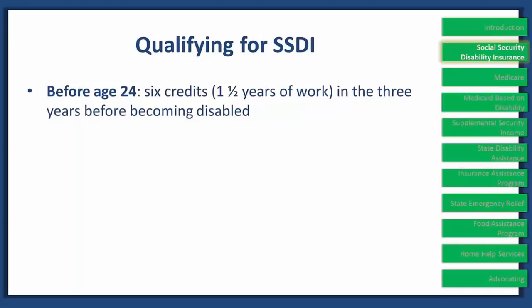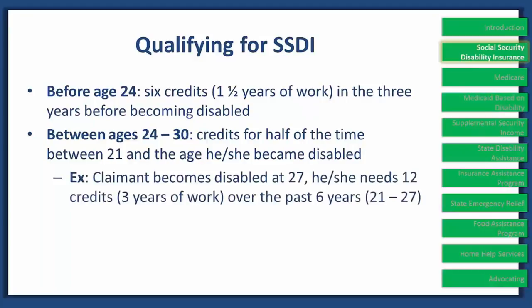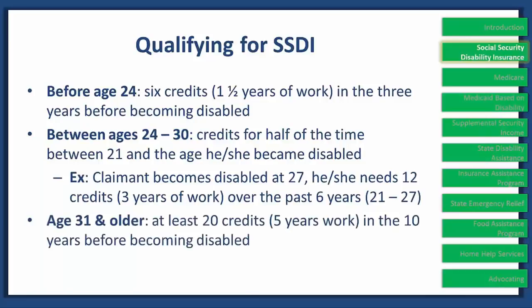If your client is 24 to 30 years old, she generally needs credits for half of the time between age 21 and the time she became disabled. If your client becomes disabled at age 31 or older, he generally needs at least 20 credits in the 10 years immediately before becoming disabled.